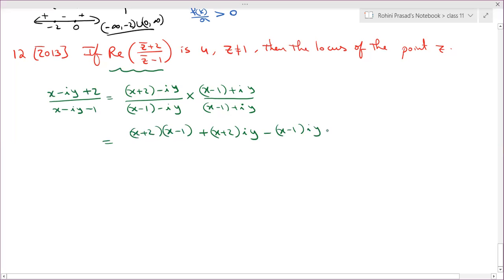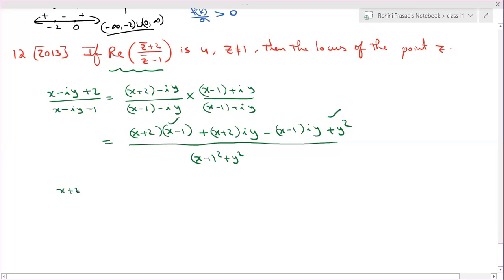Minus i square is plus y square by x minus 1 the whole square plus y square. So the real part is equal to 4. So the real part is basically this and this.